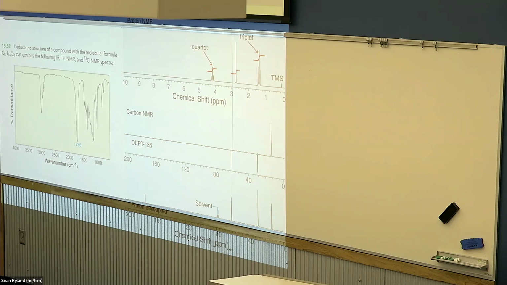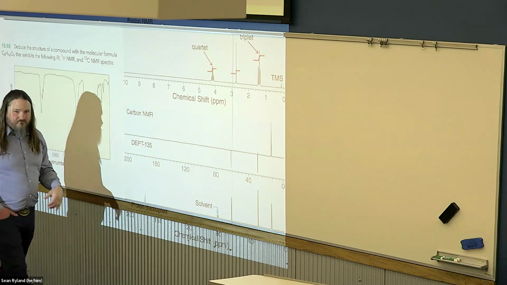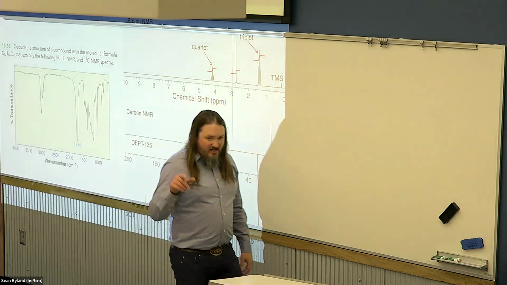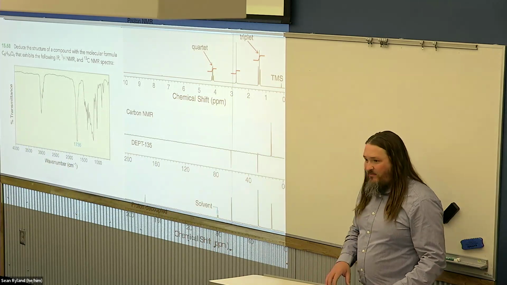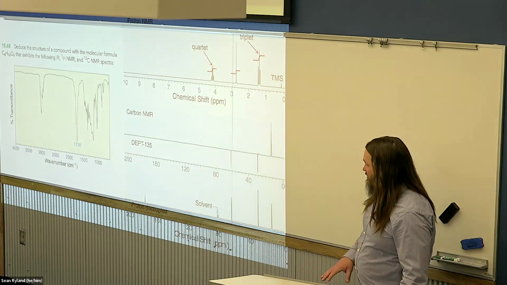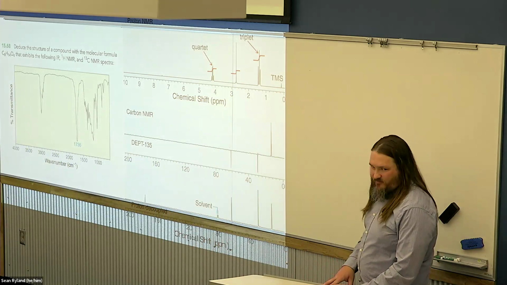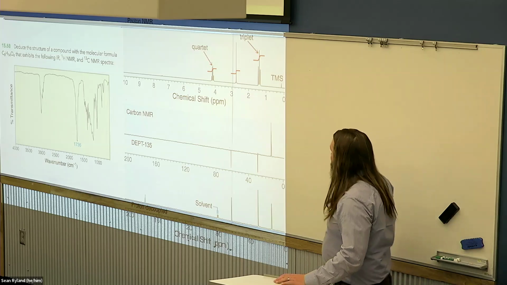Remember, an sp2 C-H bond is a little bit stiffer, so it's higher energy, so it shows up above 3,000. Then maybe one of these could be an aldehyde, but probably not. So there are no sp2 C-H bonds. There might be some sp2 carbons because of the carbonyls.